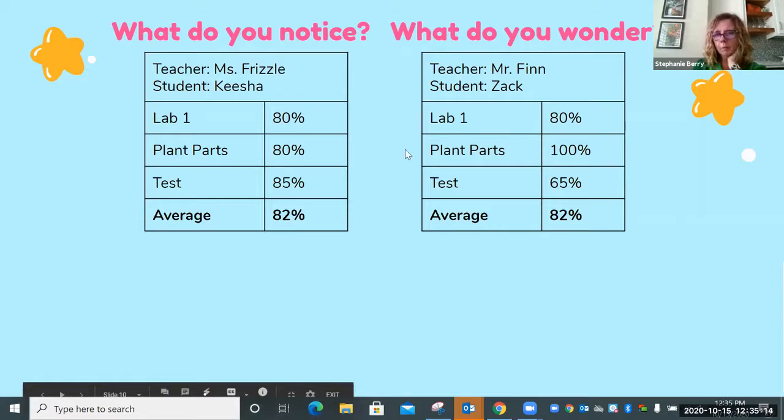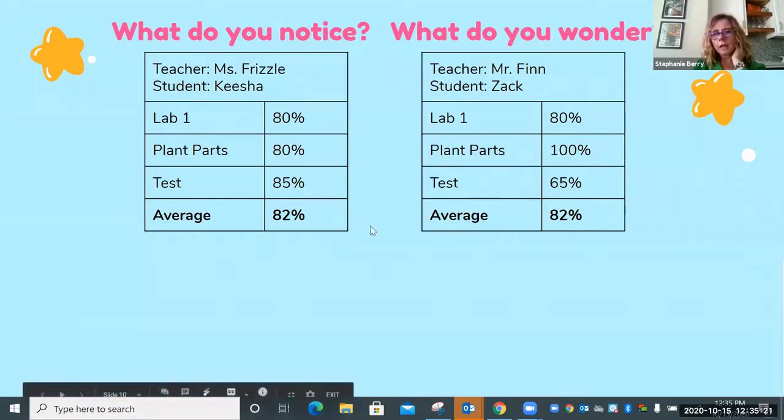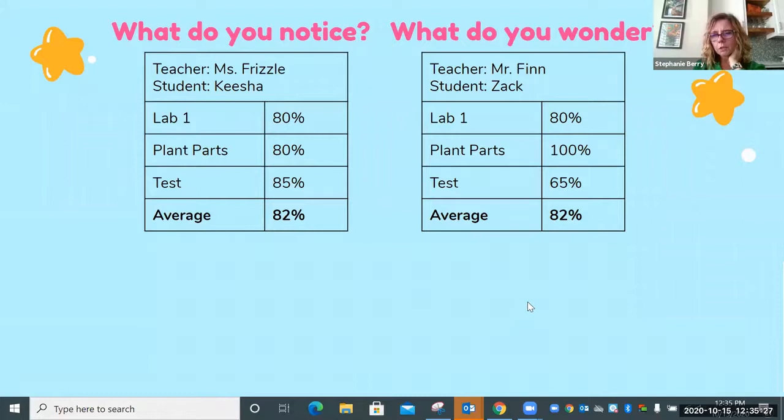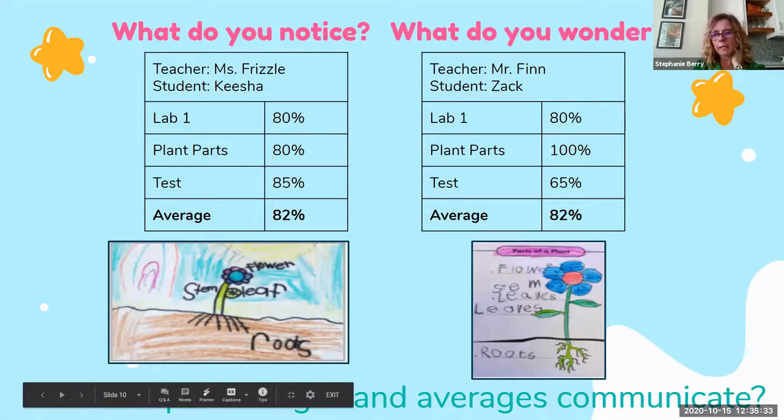So we see this assignment, plant parts, right? And we see a difference in this assignment. And we want to show you what Miss Frizzle assigned and what Mr. Finn assigned to give you just a little more information. And we're going to add the question, what do percentages and averages communicate?